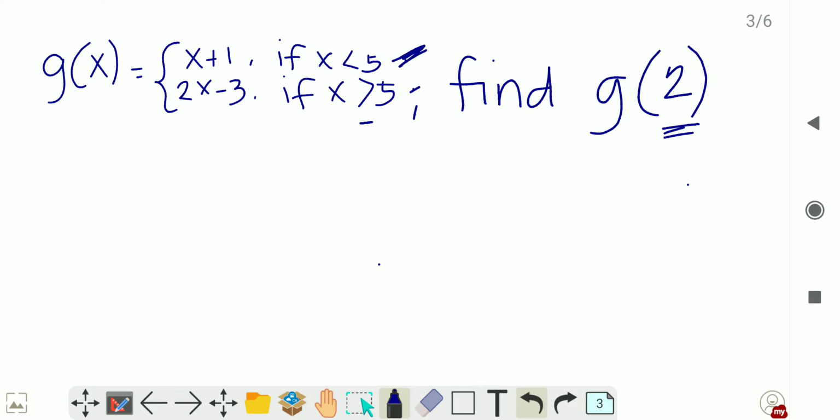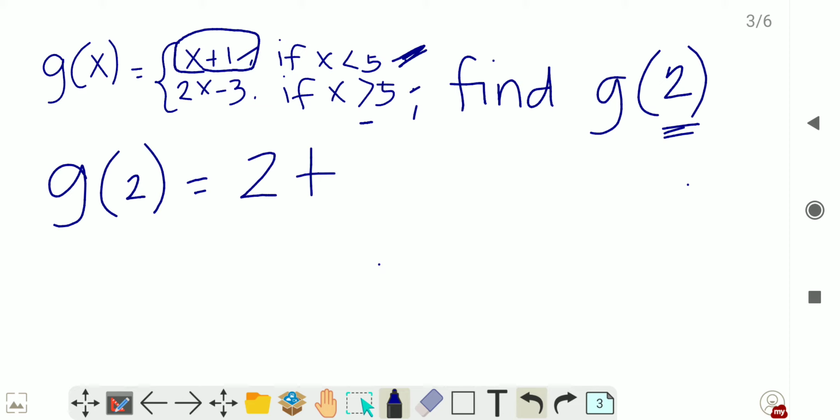That means we will have to use the first subfunction, which is x plus 1. So, therefore, g of 2 means we substitute x in this subfunction. So that's x plus 1, so that's 2 plus 1, or g of 2 is equal to 3.